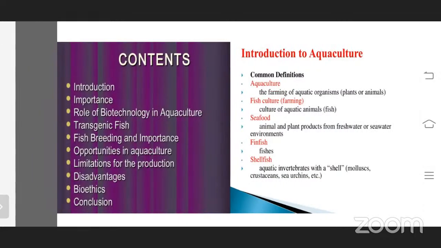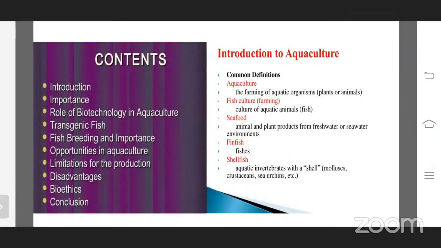The second one is fish culture. When you take the option of farming fishes, we know it as fish culture or fish farming.